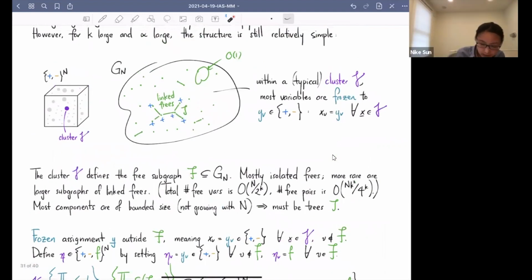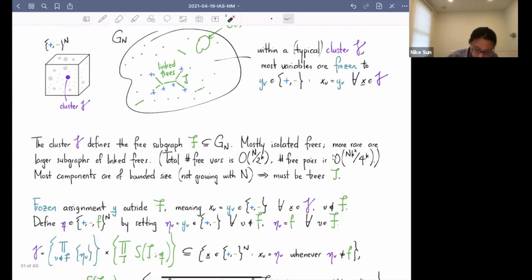So the way it's defined is that if it's frozen, it has to be frozen by something that's outside of the tree. Okay. So if it's free, it means that... that's right. Frozen means it has to be frozen by its neighbors. Okay, thank you.